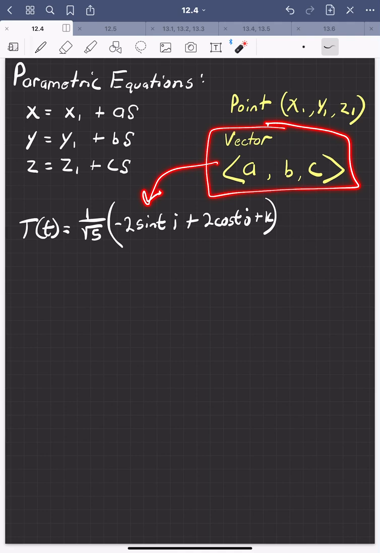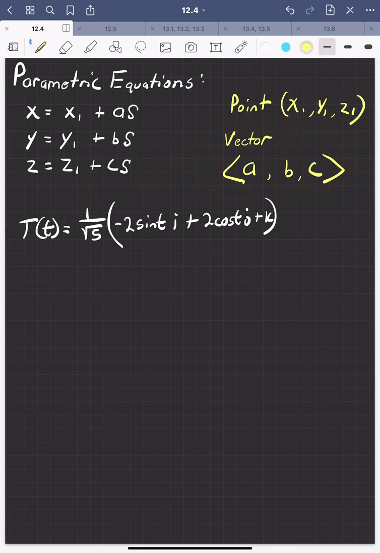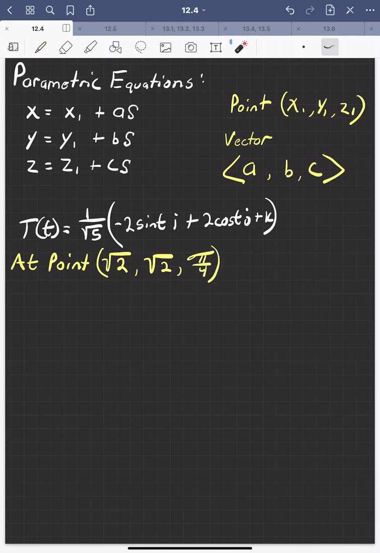How would you derive the unit tangent vector? So let me go ahead and write it. So at the point, the square root of 2, pi over 4. Are you ready?